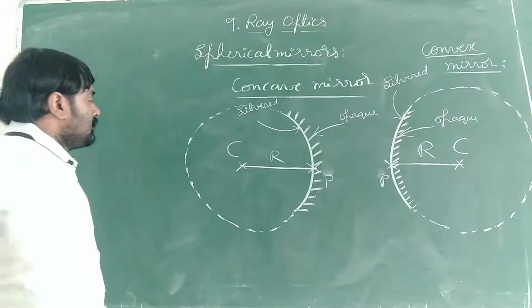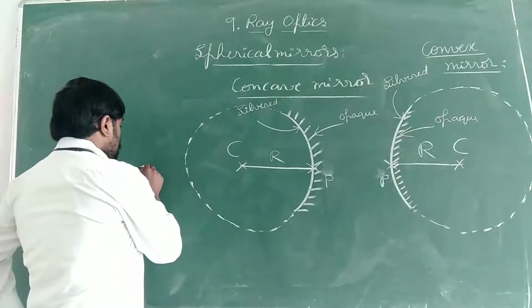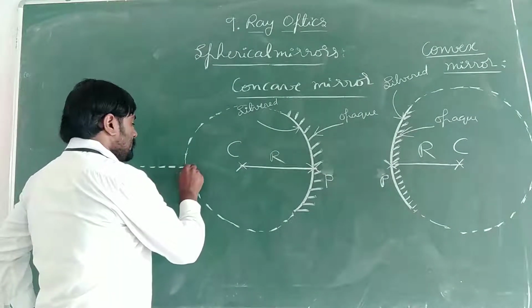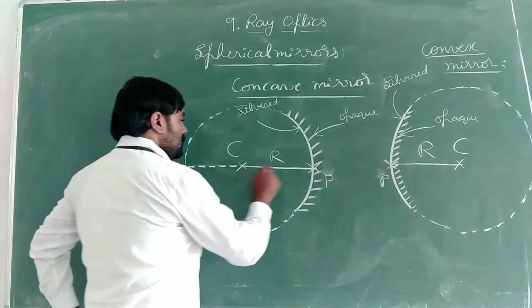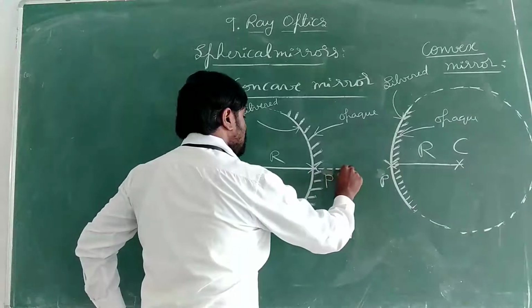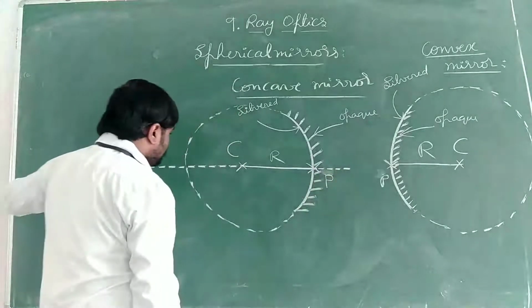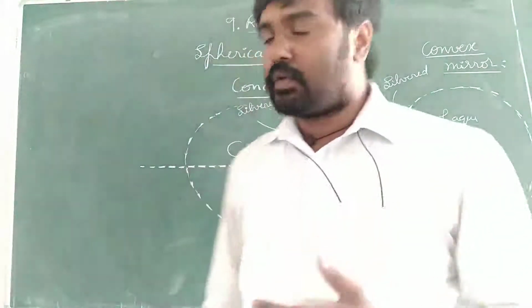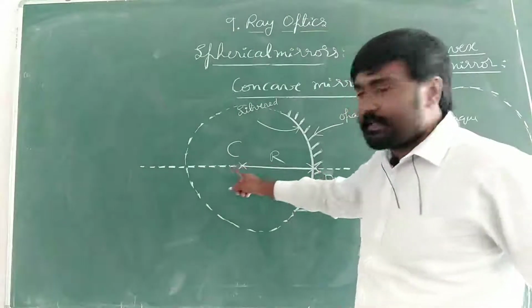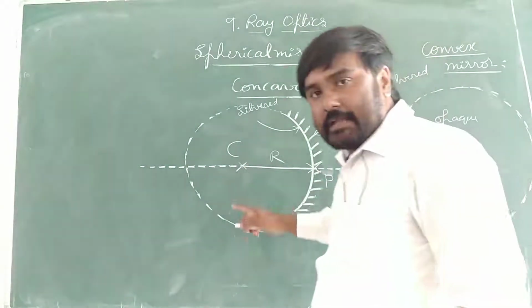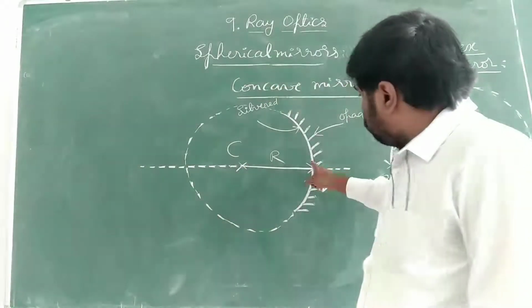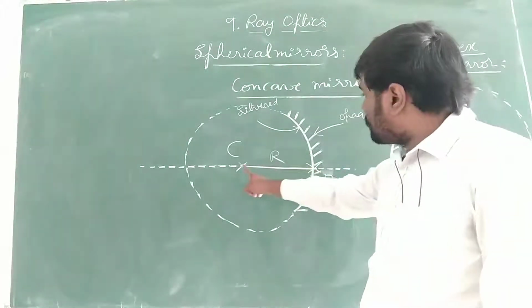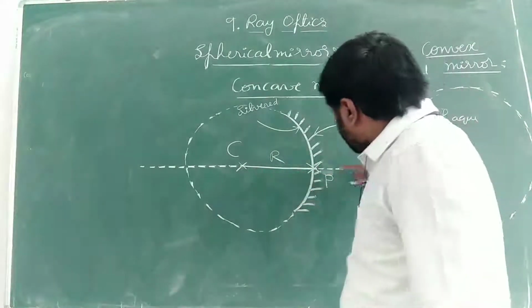Okay, right? So the next very important term is principal axis. A line passing through the pole and center of curvature. So what is this?